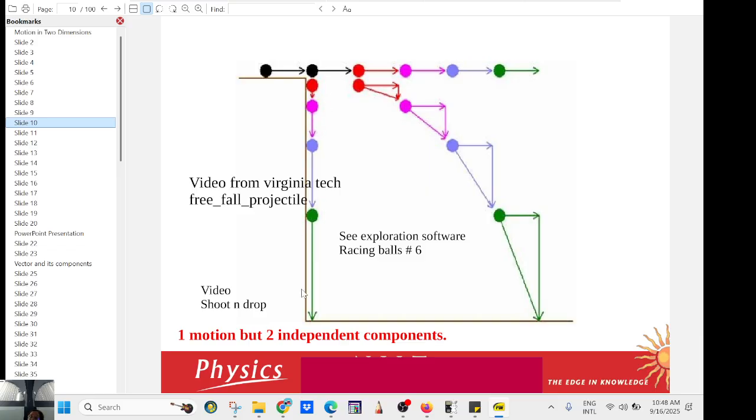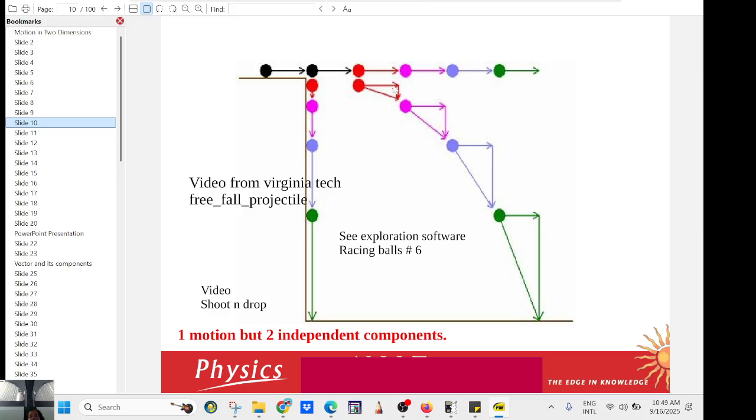So anyway, projectile motion has two independent components. If something is rolling off the table like this with a horizontal velocity, it's going to describe a projectile motion, which is half of a parabola. Along the x, the velocity stays the same, it's cruising.